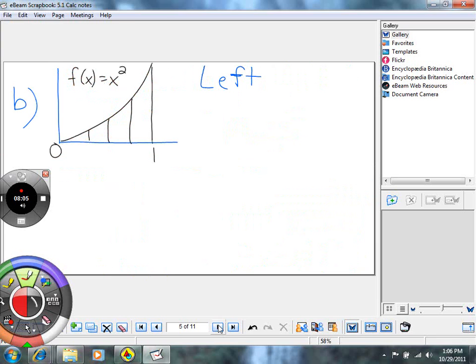All right, let's do the same thing, but let's do the left endpoints. So now what we would be doing is we would pretend like our rectangle is not as tall as the right side of the intervals, but it would be as tall as the left side of the intervals. So I'm going to just write my intervals again.